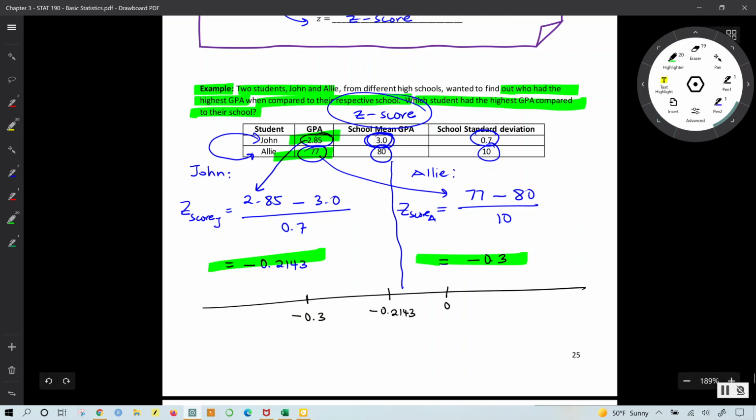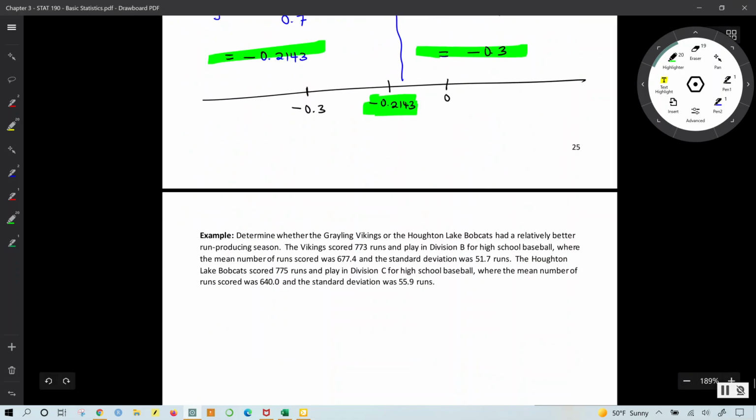You observe that the bigger number is negative 0.2143, which belongs to John. So since higher is better, John has a higher z-score, so he has a higher GPA with respect to his school. So we continue.